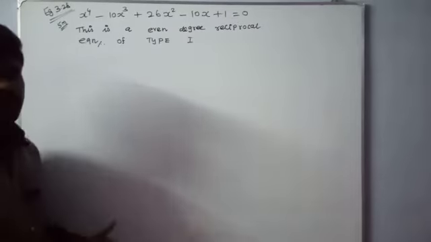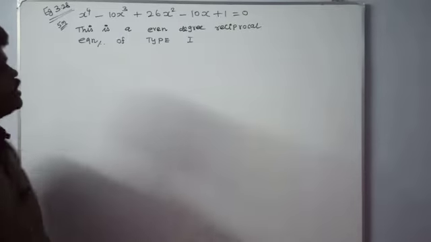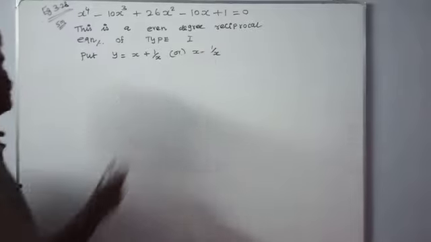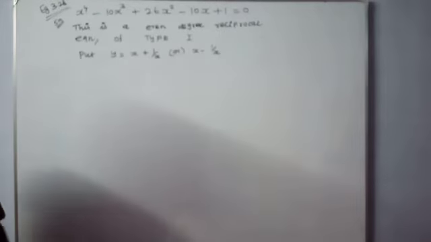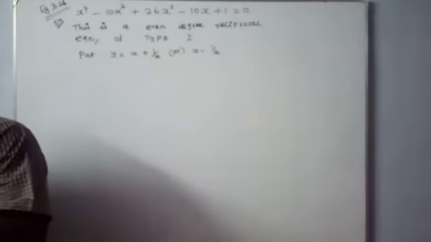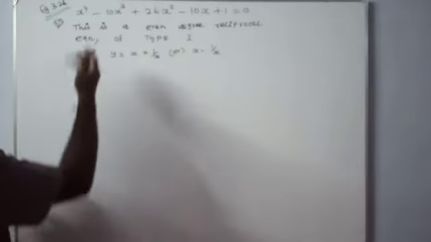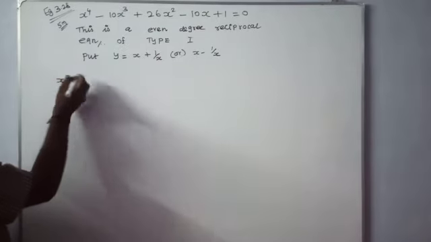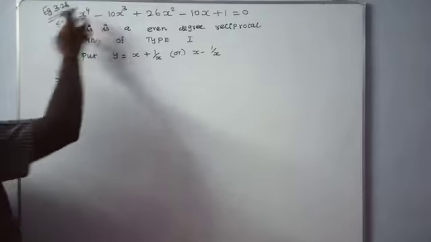So type 1, and this is the even degree. Already we understand the 4 conditions. If suppose this equation is an even degree reciprocal equation of type 1, what are the conditions? Put y is equal to x plus 1 by x or x minus 1 by x. Which one we can choose by the sum. Okay, right. First of all, we have to take this equation, take x square commonly outside.